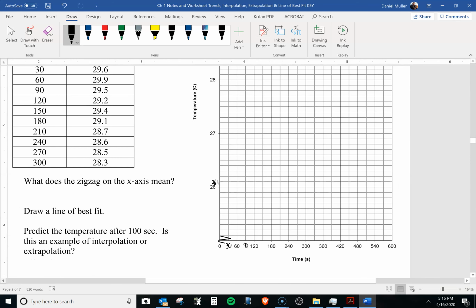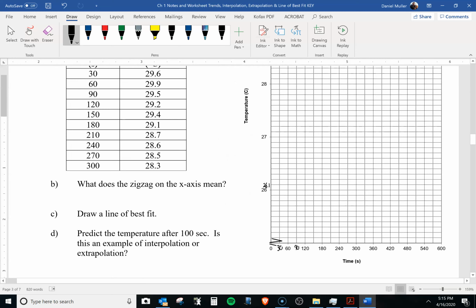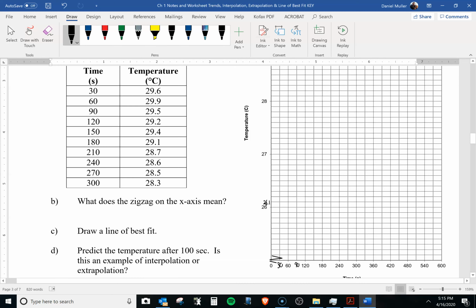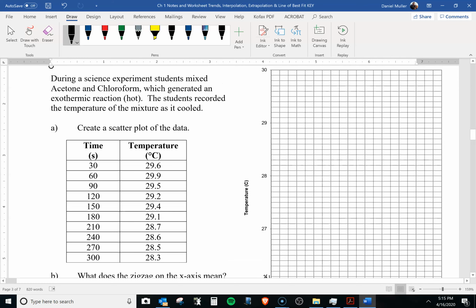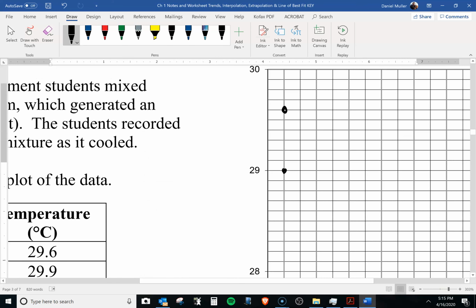And so at 30 seconds, we are at 29.6. So here's 30, and here's 30. That's 29, and then 0.6. So 1, 2, 3, 4, 5, 6. I'm not going to do this every time, but this is 29.1, 29.2, 29.3, 0.4, 0.5, and this would be 29.6.